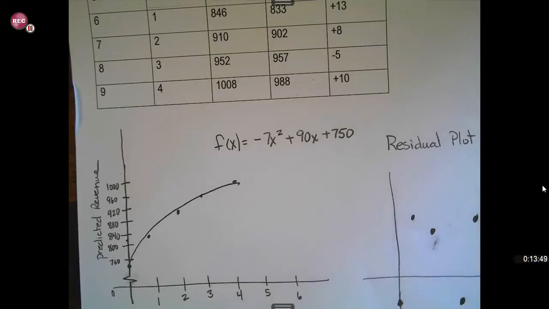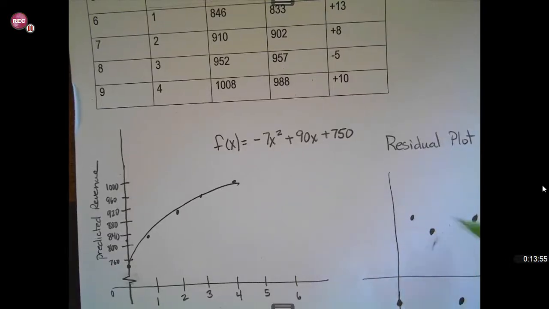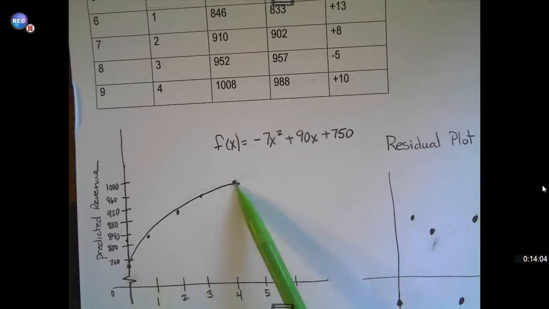When the residual plot shows both positive and negative residuals, that means that the curve generated by how many times we might increase the price is good.